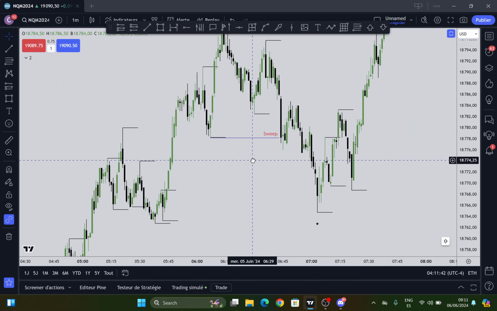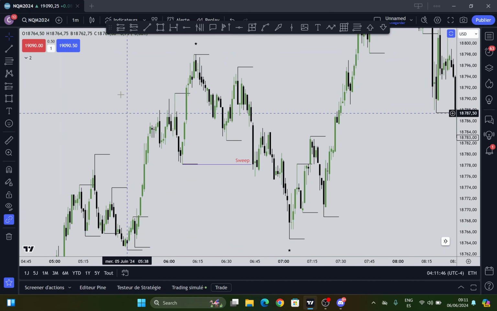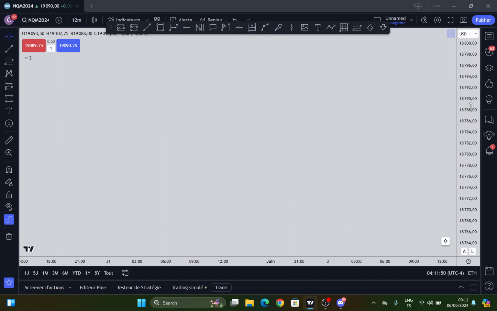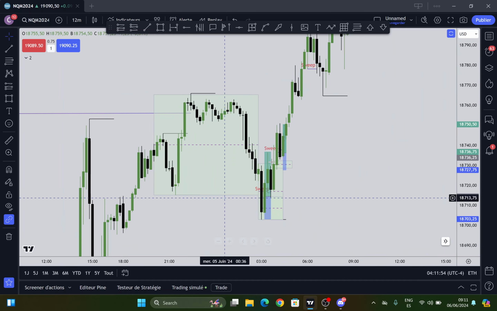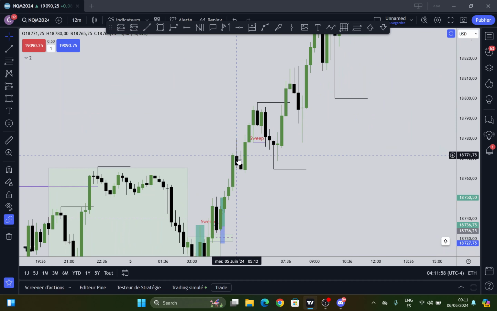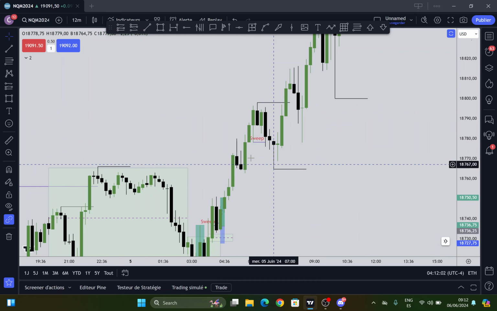Why? Because I know how much time this took. So this would be nothing but a higher time frame range, something on either M12, something like this. This is an SNDR responsible for this break, and we come back to mitigate it.